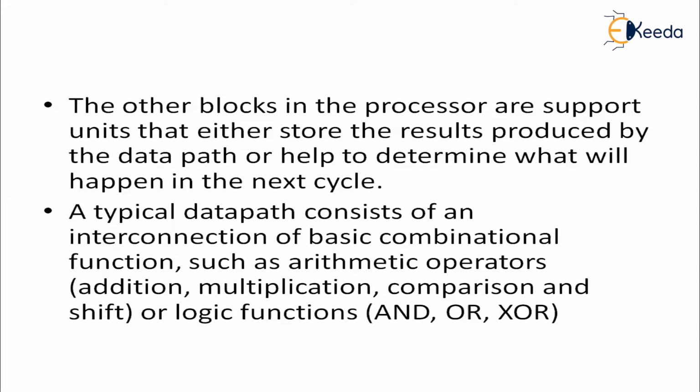What are arithmetic operators? Addition, multiplication, comparison or shift, or the logic functions AND, OR and XOR. So the data will undergo any of these functions and the processed data will be stored inside your memory. So which circuits are going to perform all these things? Certain circuits that we are going to learn. I mentioned them as modules. What are the modules? Addition, multiplication and shifting operations.